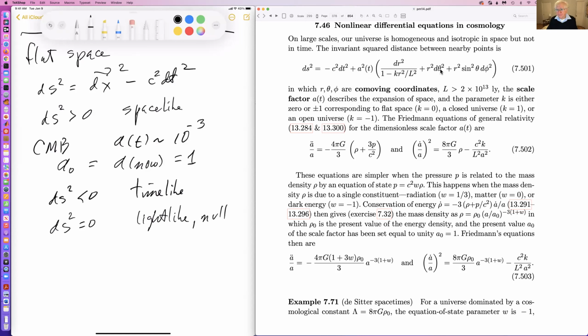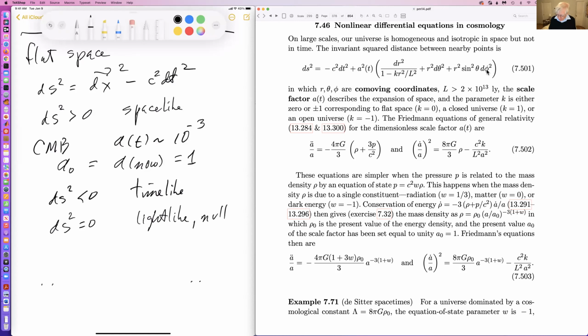So if you have two points that differ, say, in phi, and then time goes by, the difference in phi needn't change in the co-moving coordinates.